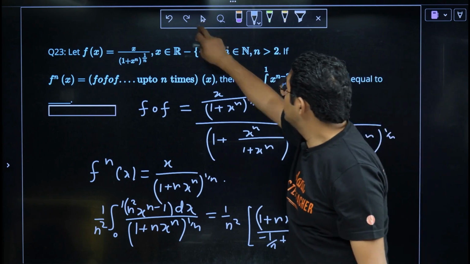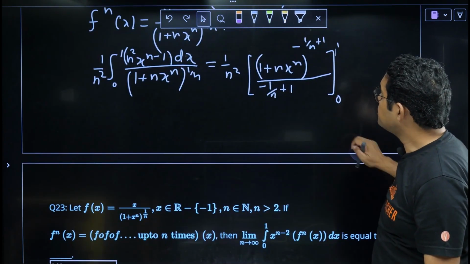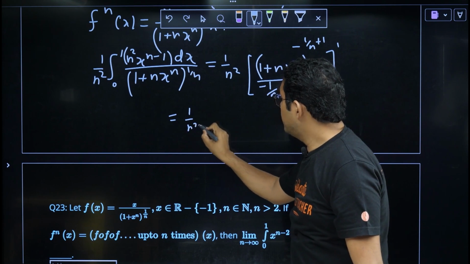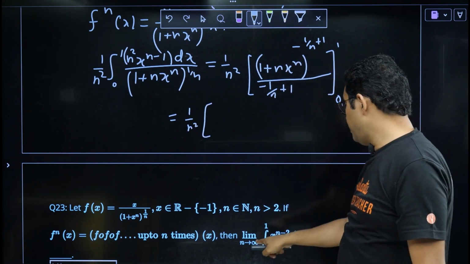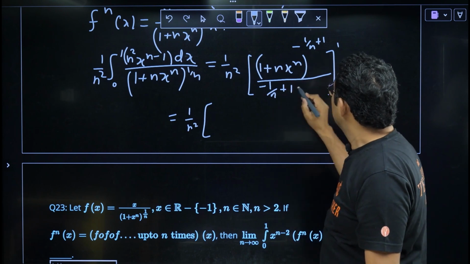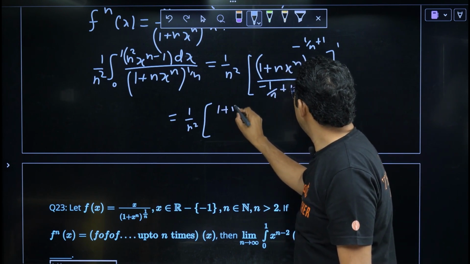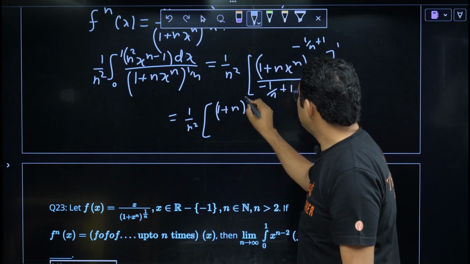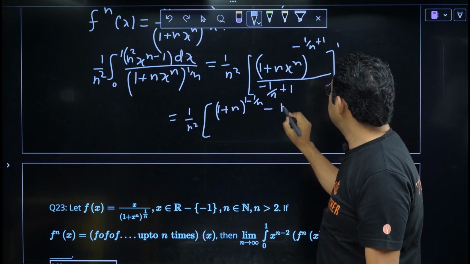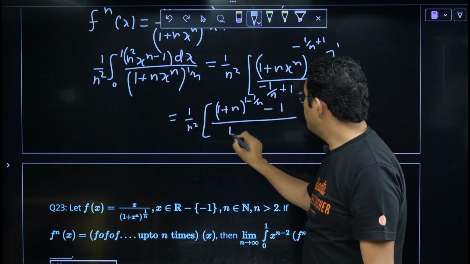Let us do this calculation here. So it will be 1 upon n square, that is outside, and then we have to put n tending to infinity also. So if I put 1 here, it will be (1 plus n) power 1 minus 1 upon n, and if I put 0 here, then I think it is just 1, whole divided by 1 minus 1 upon n.